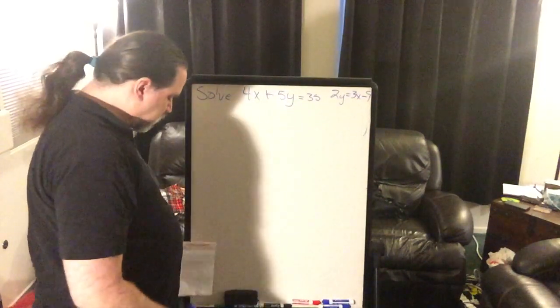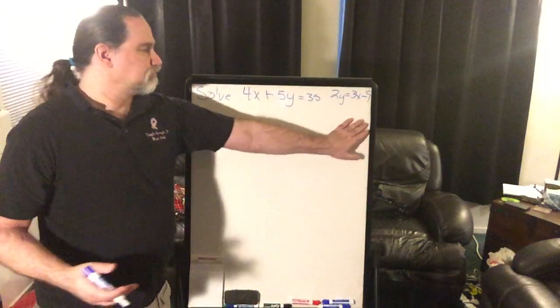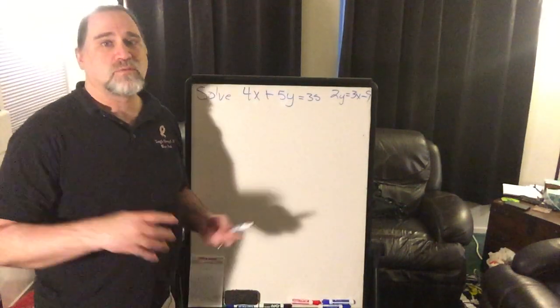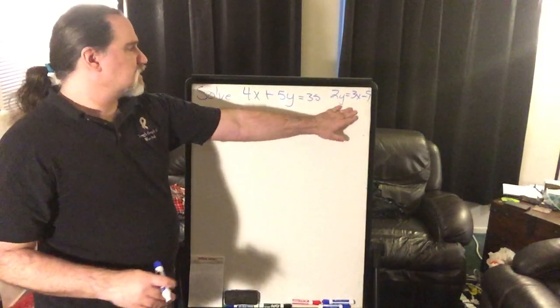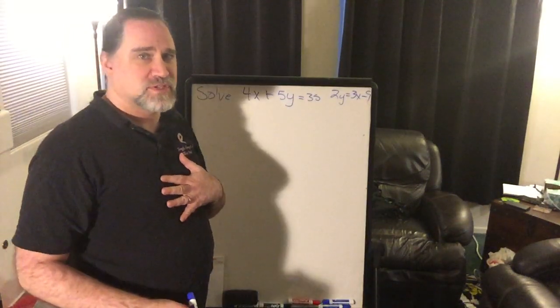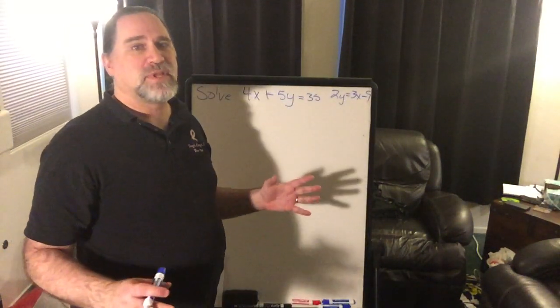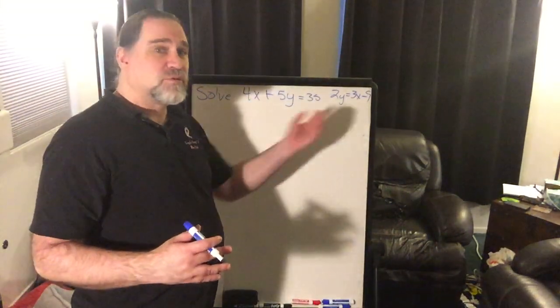Now this one's tricky because there's all kinds of problems. First of all, they're not lined up. I don't even really want to start until they are. So I want to get this into this form because standard form is my ideal form for this problem. Anytime I'm using elimination, I like to be in standard form. So this one's already in standard form, so I don't want to mess with it.